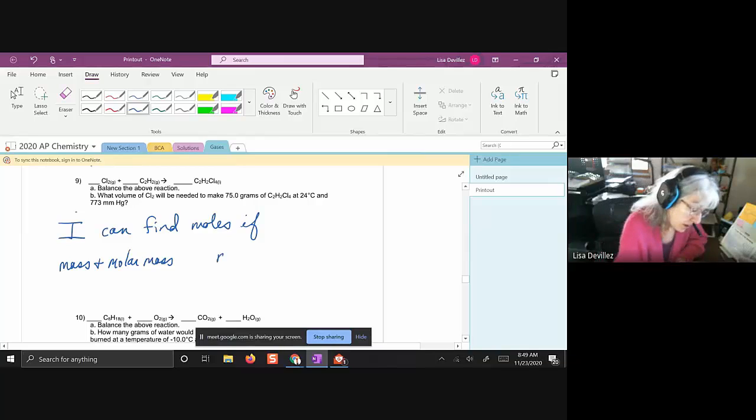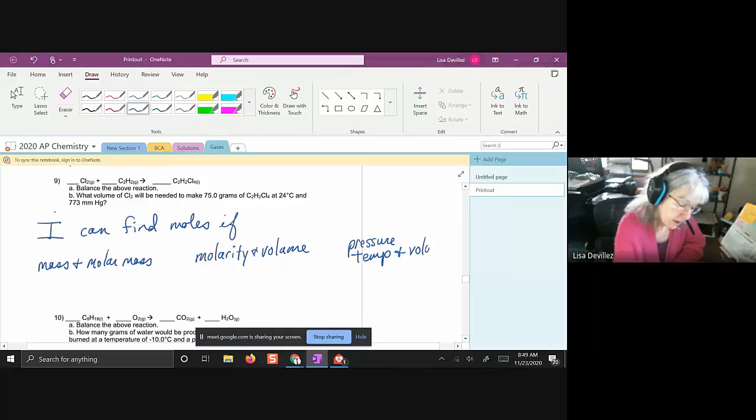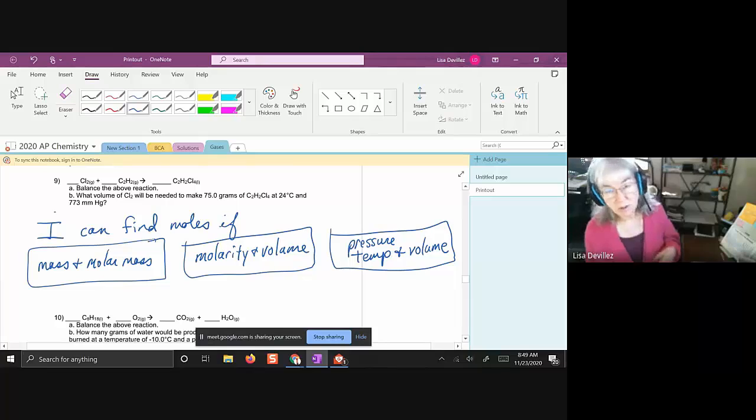If I have a molarity and a volume, then I can find moles. And if I have a pressure, a temperature, and a volume, then I can also find moles. So we want to be watching for these combos, because anytime you have those combinations, then you can find moles, which is always the good first step.